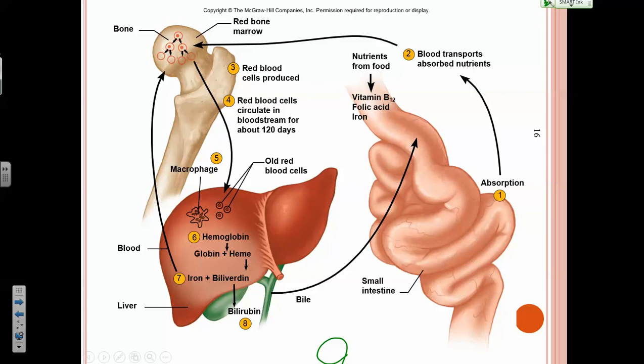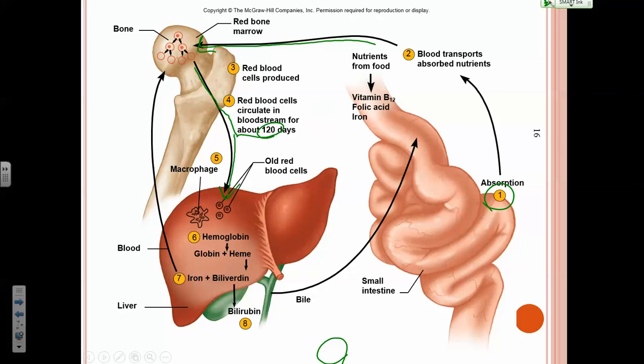So here you can see that in the bone marrow, if you follow, let's do the 1, 2, 3, 4. You absorb lots of nutrients from your bloodstream, and those are in turn transported to your red bone marrow where you're making blood cells, and then as they get out in the circulating plasma, they live about 120 days.